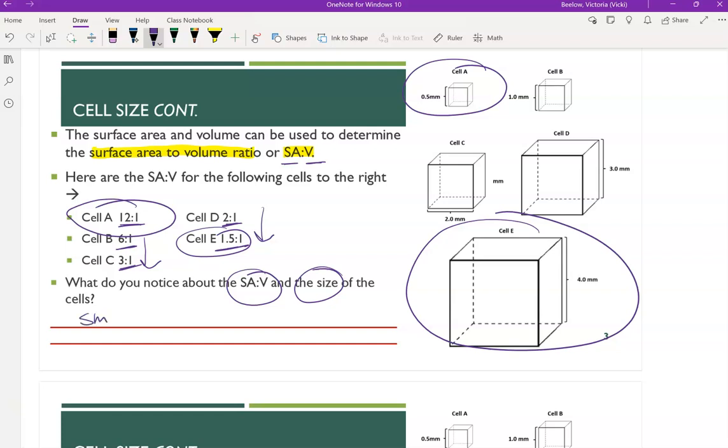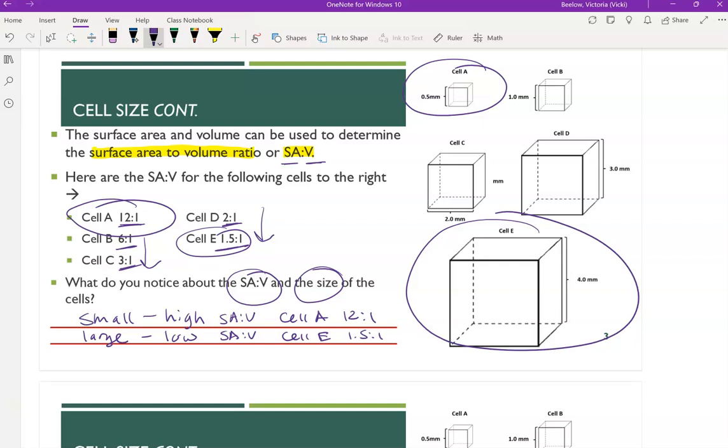Well, if you have a small cell, you have a very high surface area to volume ratio. Like cell A is 12:1, versus a large cell, which has a very low surface area to volume ratio. Like cell E has a 1.5:1 ratio.